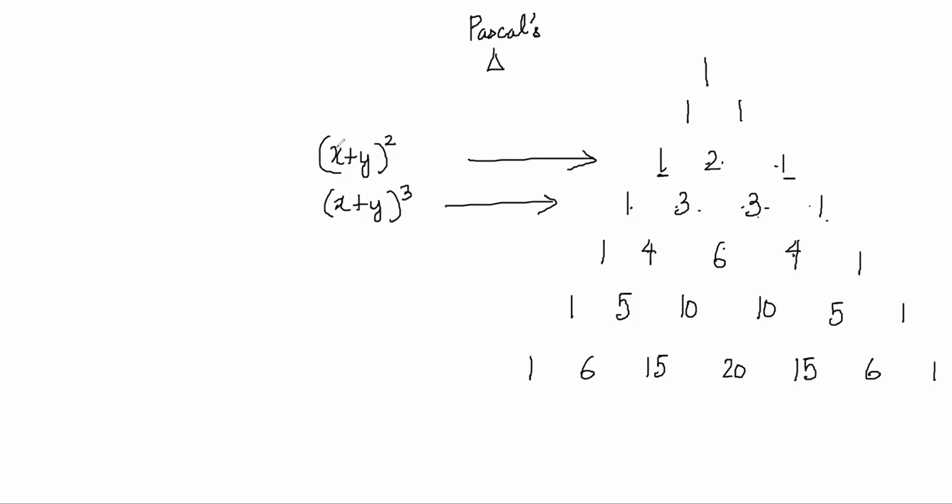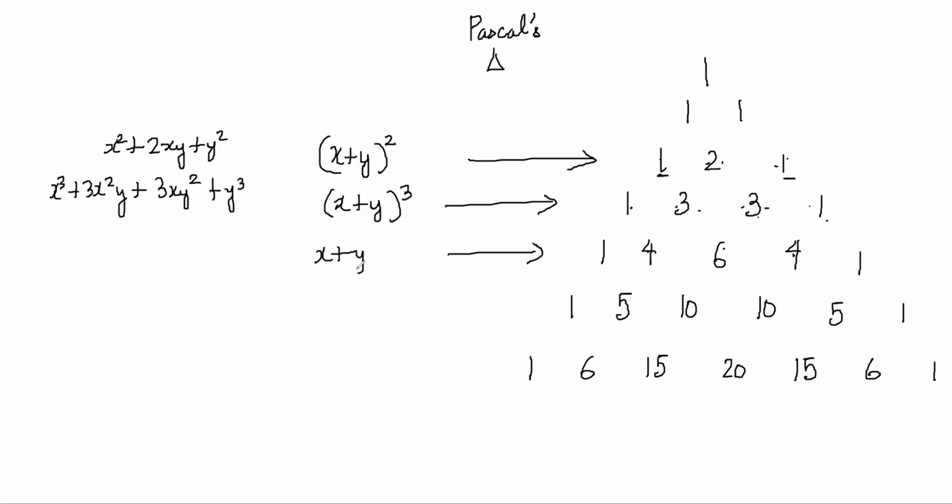And x square plus 2xy plus y square is 1, 2, 1, right? Here the expansion was x cube plus 3x square y plus 3xy square plus y cube, right? And this is coefficients of x plus y to the power 4, okay?